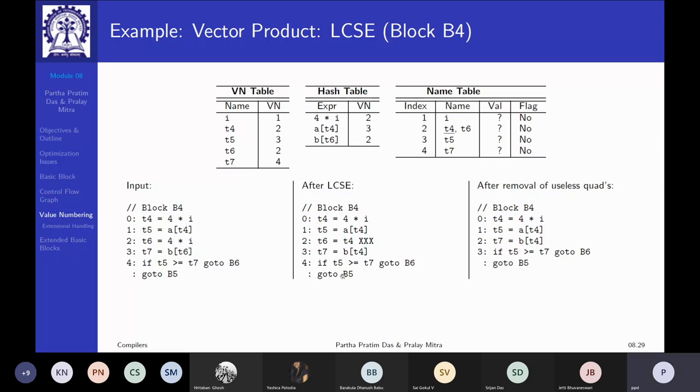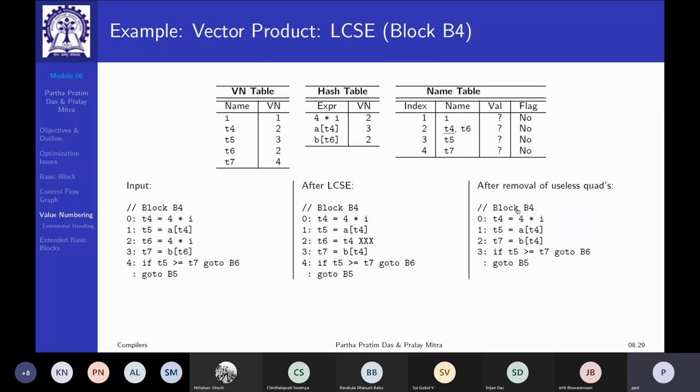So this is what gets generated, and we can easily see that while we are doing this, if we just keep a tagging, we can see that T6 was never referred to in the value number table after its creation. Which means that T6 is a dead variable, and therefore it can be removed.